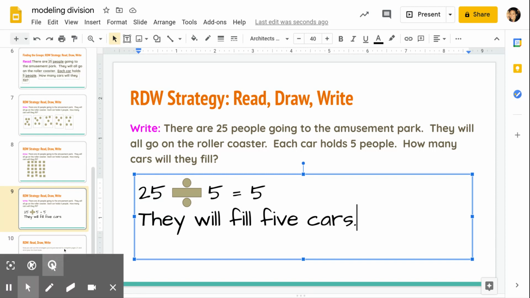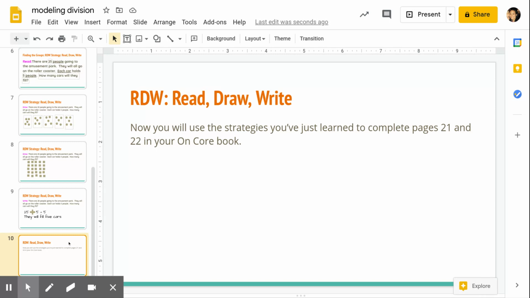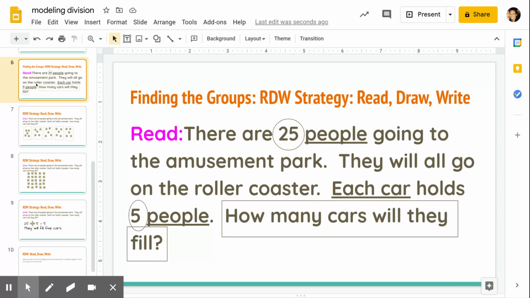Okay, now that you've watched both of these videos, you are going to work on pages 21 and 22 in your Encore books. Some of these word problems, you'll need to find the groups. Other of the word problems, you will need to find the each. You must do RDW. You must read by circling the numbers and underlining the units.